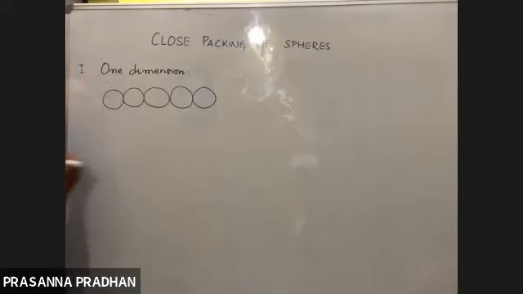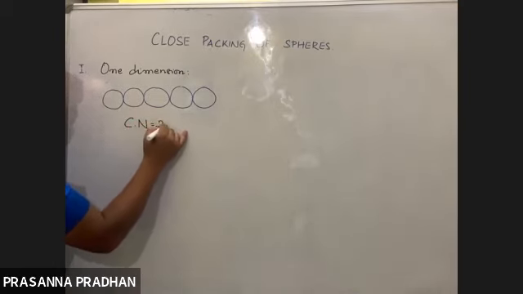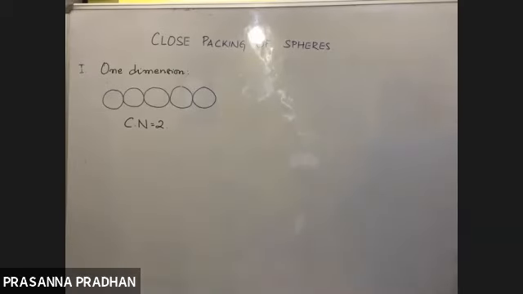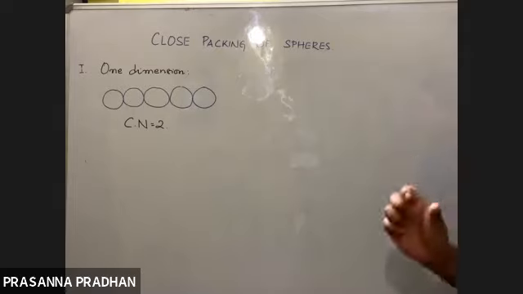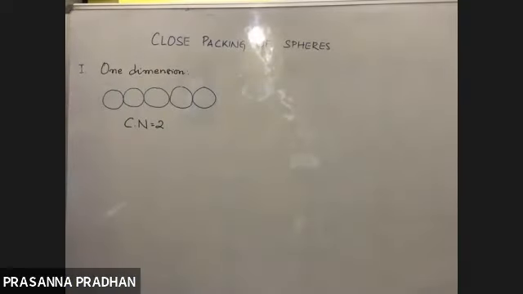Okay, so the coordination number is equal to 2. Coordination number is defined as the number of spheres with which a given sphere is in contact. Okay, fine, understood? Okay, so there is not much to it.